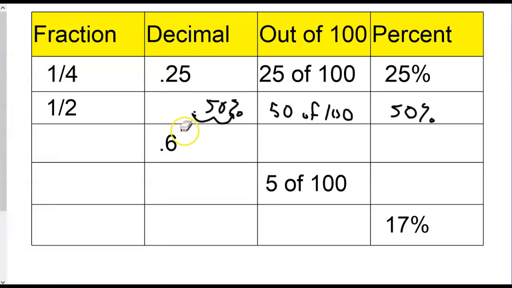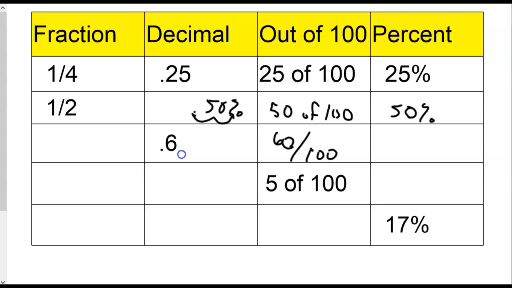Okay. Now let's go ahead and look at changing this from a decimal to a fraction, going this direction. Well, what we can do is remember that this is 0.6 of a number that is out of 100, and it might be easier to go ahead and turn it out of 100 first, and so we can say that this is 60 out of 100.